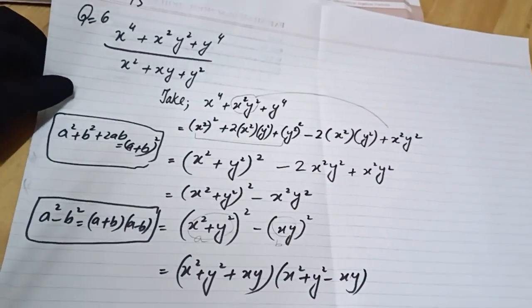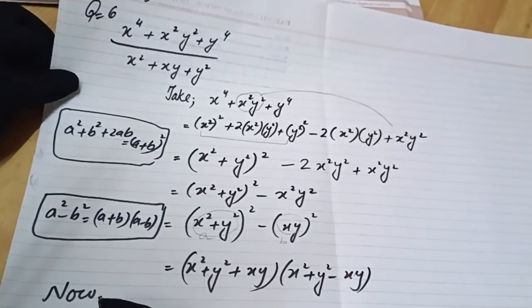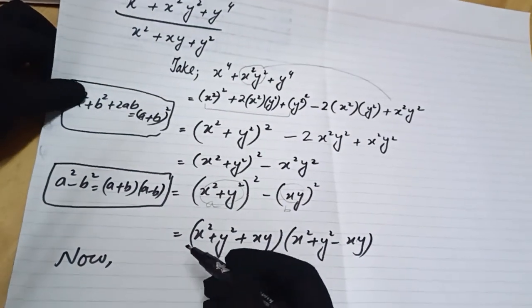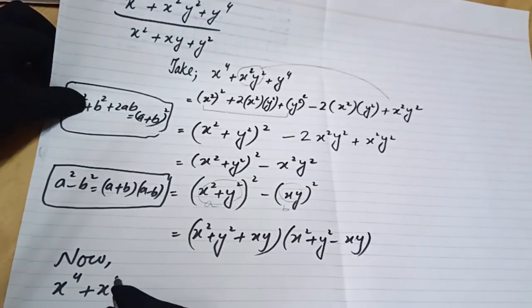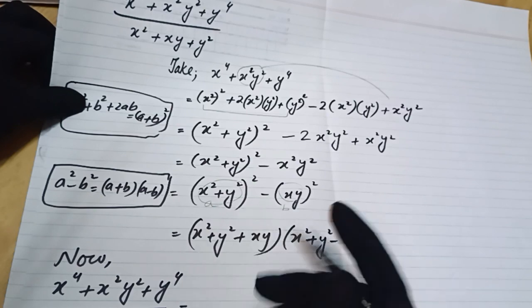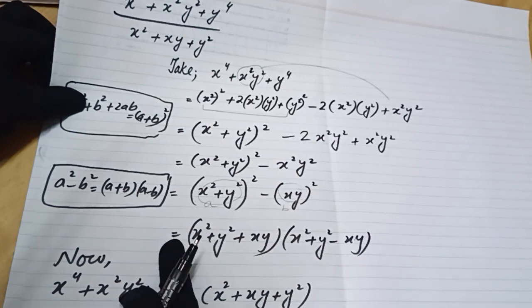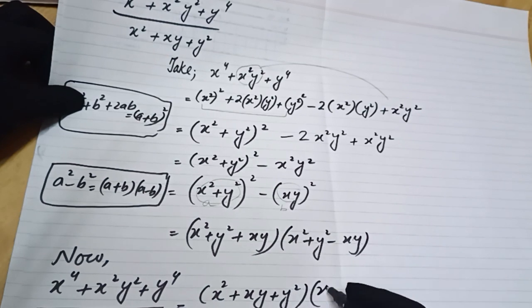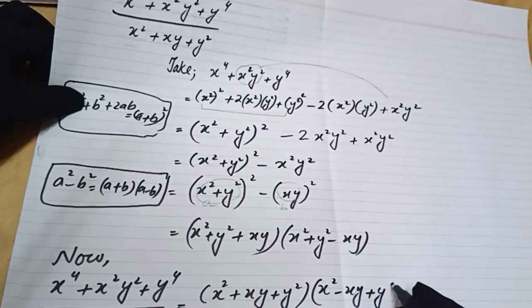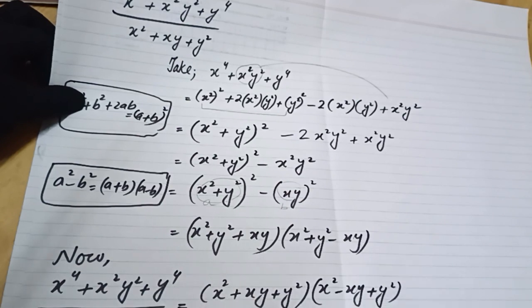So let's solve the question now. What was our question? We will write after completely factorizing. What was our question? x4 plus x square y square plus y4 divided by x square plus xy plus y square. It is equal to, the factors of this are these two. Now we will write them in the order also: x square plus xy plus y square, in descending power of x, and x square minus xy plus y square, divided by this, which will remain the same because it cannot be factorized further.